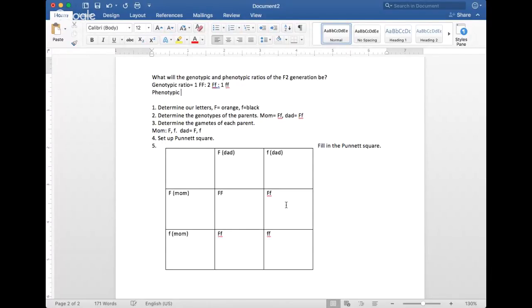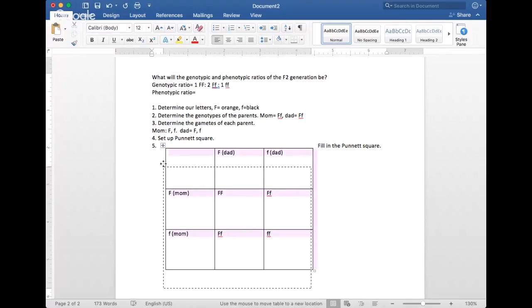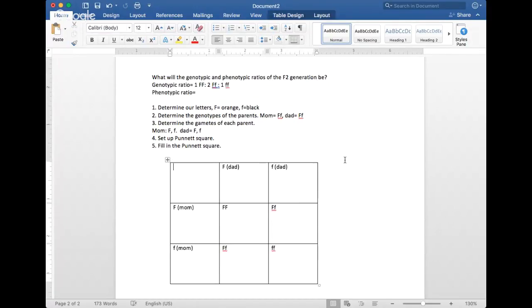The phenotypic ratio has to do with what do these offspring actually look like? Okay, what are our offspring actually going to look like? And we can go back up to know right here, okay, the dominant trait is orange and the recessive trait is black. So this baby, this little kitten is going to be orange.